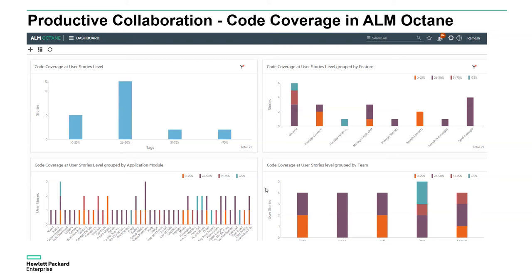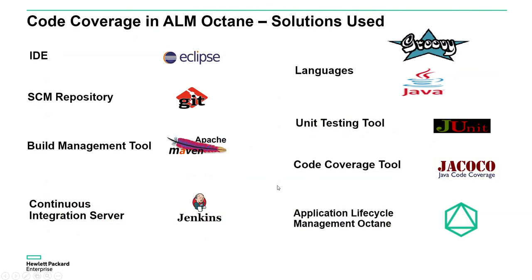Before we go into the demonstration, let us look at the tools that are used for this project. So we have Eclipse as an IDE, Git as a source code management repository, Apache Maven as the build management tool, and Jenkins as a continuous integration server.